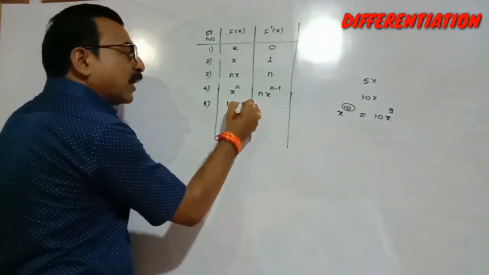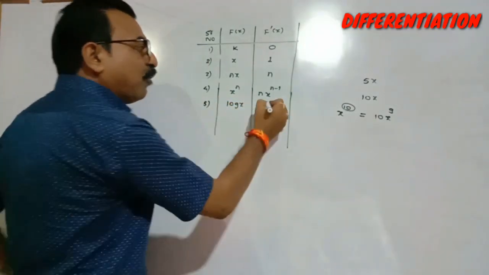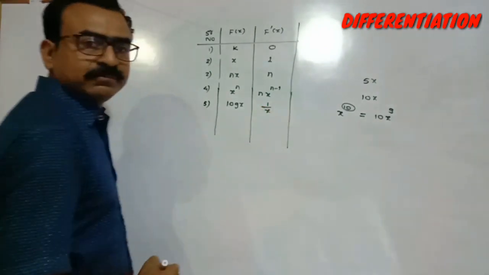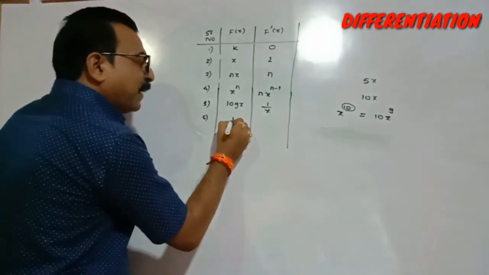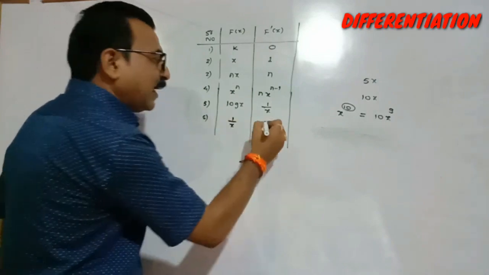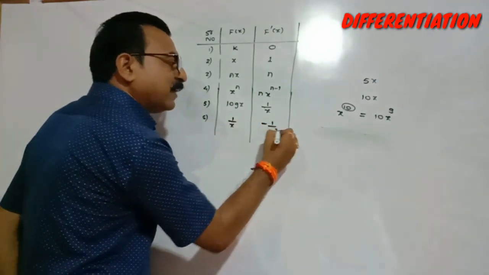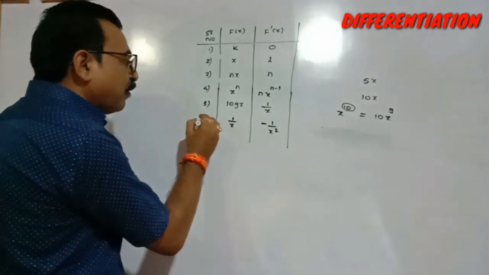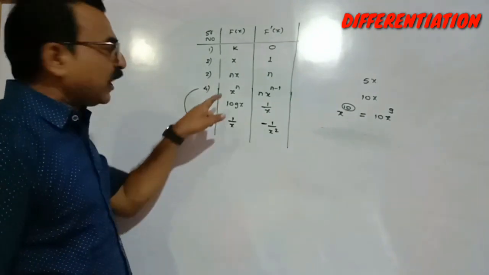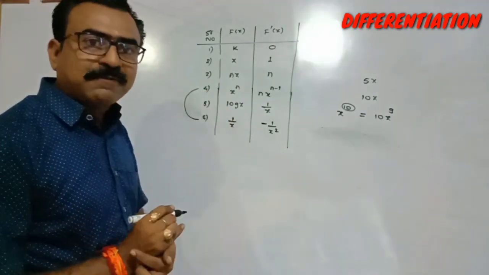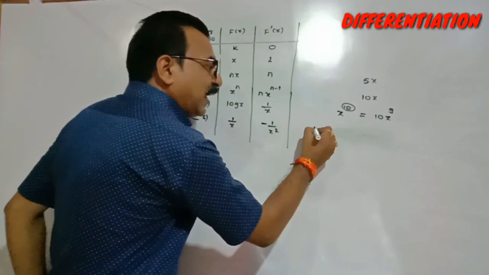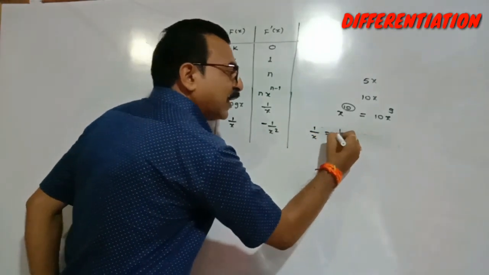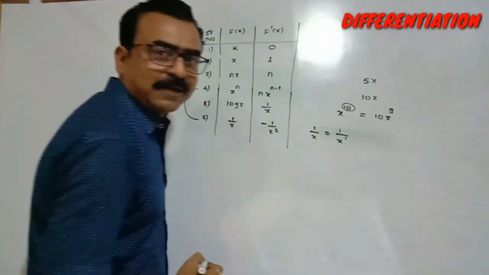Derivative of log x. The derivative of log x is 1 by x. Derivative of 1 by x is minus 1 by x square. This derivative of 1 by x can also be calculated by the formula for x raised to power n. 1 by x is also written as 1 by x raised to power 1.